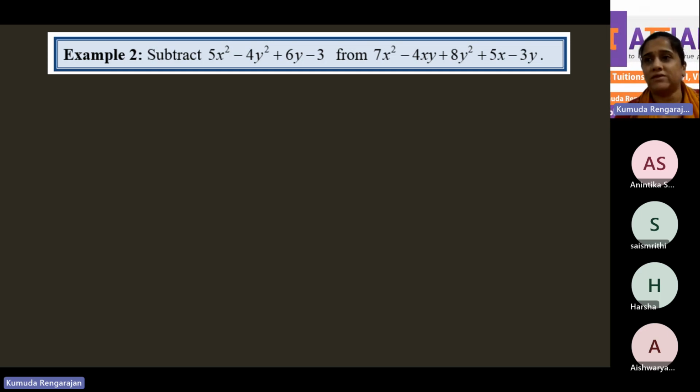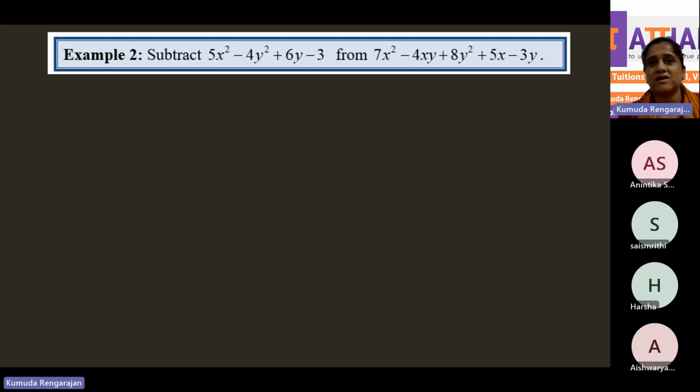In the vertical method, when you have to place the expressions one below the other, when you have to subtract one from the other, the expression which is after from will form the first row, and the expression that is before from will form the bottom row. And when it is subtraction, you can do only 2 at a time. Like addition, you cannot place 5, 6 expressions and add everything at the same time.